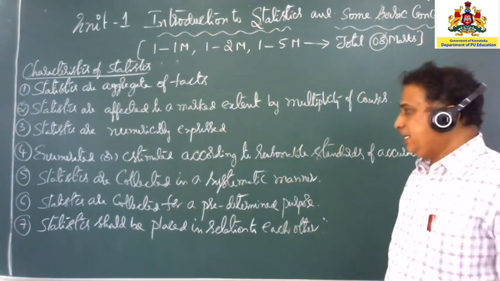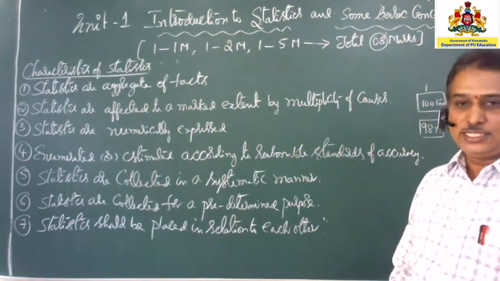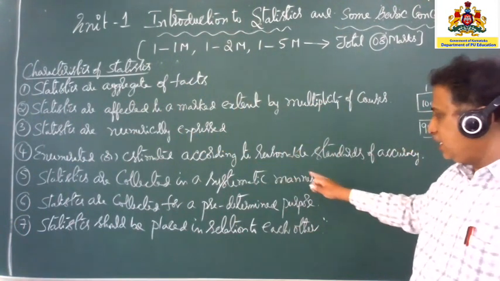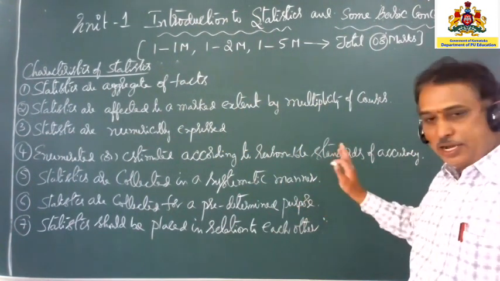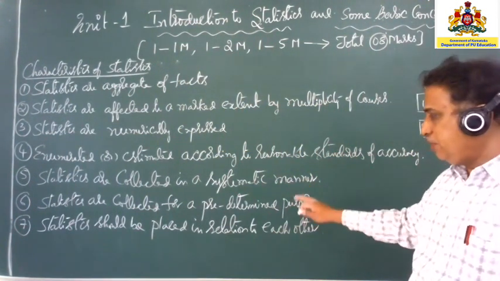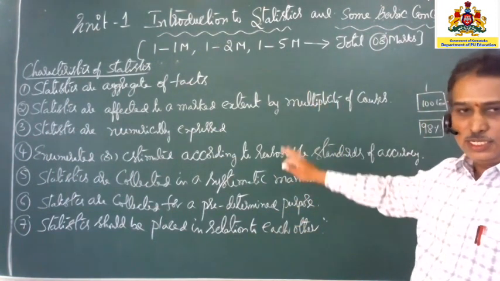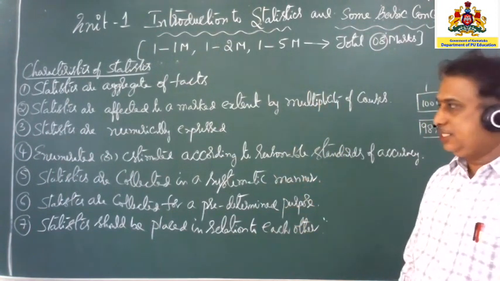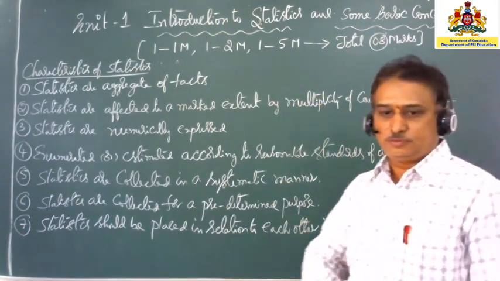Statistics are estimated or enumerated according to reasonable standards of accuracy. Statistics are collected in a systematic manner. Statistics are collected for a predetermined purpose. Statistics should be placed in relation to each other. All these are the characteristics of statistics. It is nothing but Horace's simplest definition.